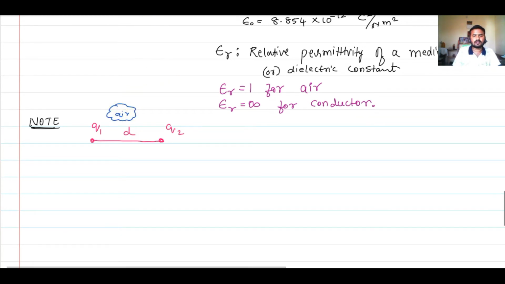Then the electrostatic force between them can directly be written as 1 divided by 4 pi epsilon naught q1 q2 divided by d square. Directly I can write it like this.